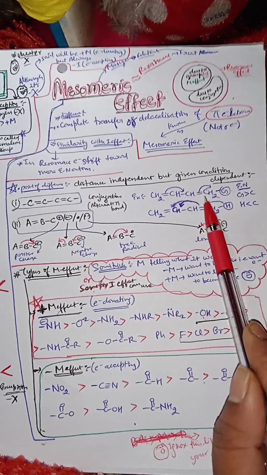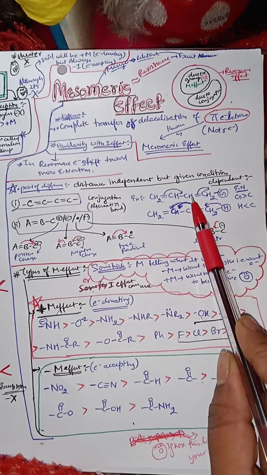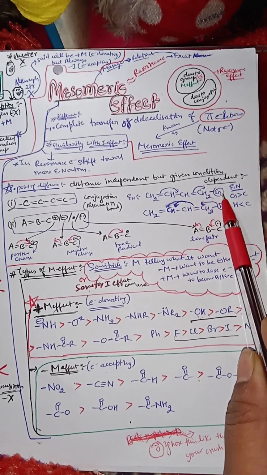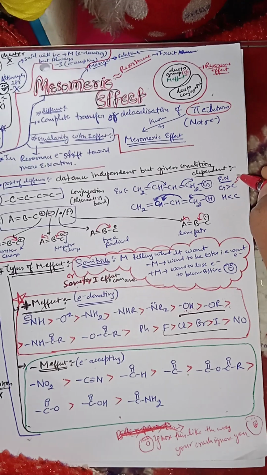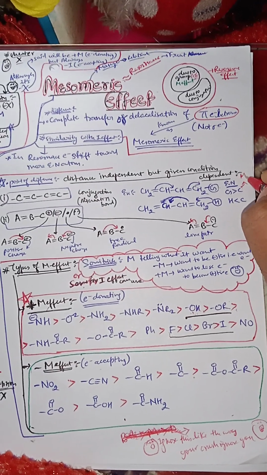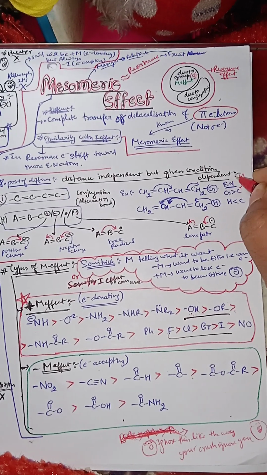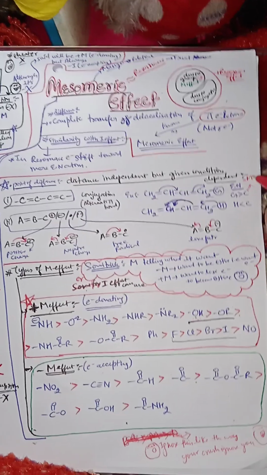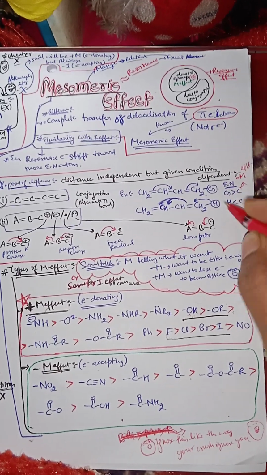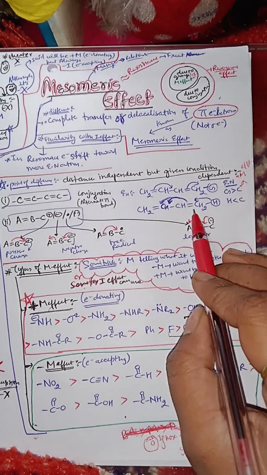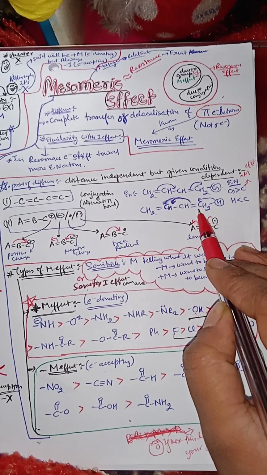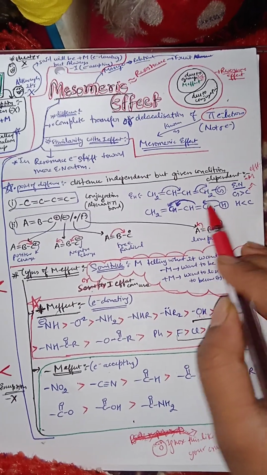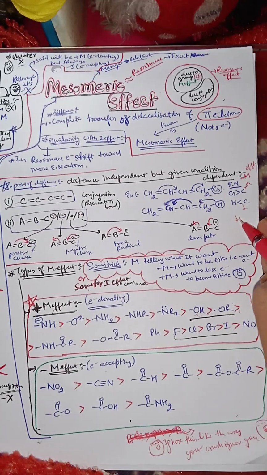If the group is more electronegative than carbon, the electron will transfer toward it, and it is known as minus I minus M effect. If the group is not more electronegative than carbon, the electron will transfer toward the carbon chain, and it is called plus M effect.